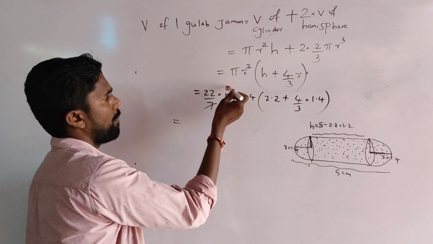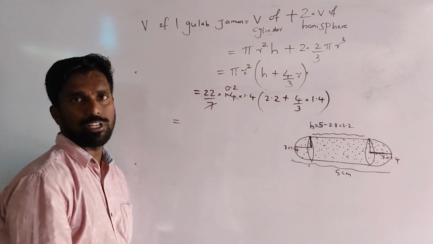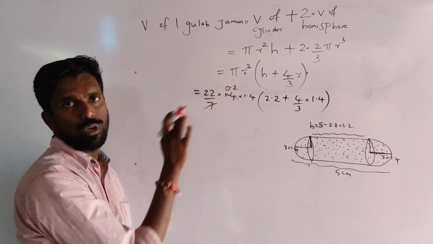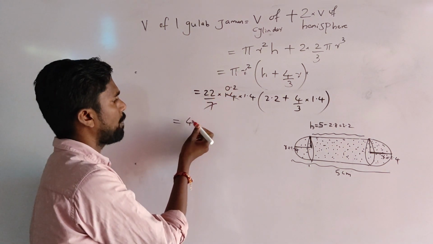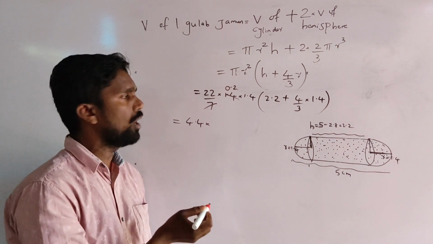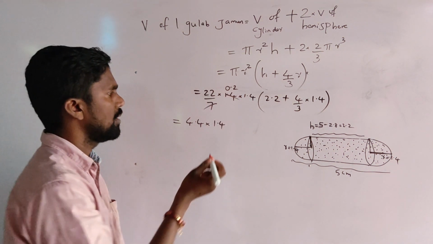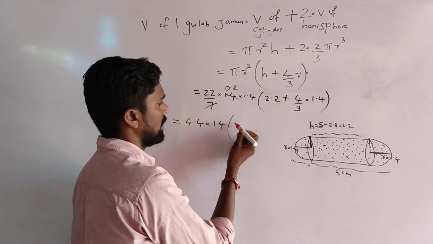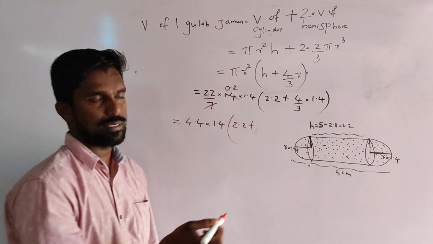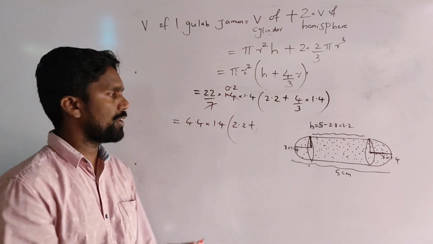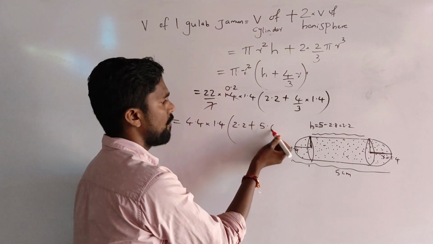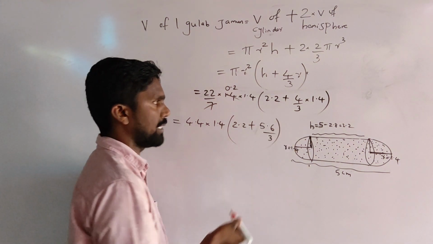This is 0.2 because 7 into 2 is 14. 22 into 0.2 is 4.4, into 1.4, into 2.2 plus 4 into 1.4 is 5.6, 5.6 by 3.